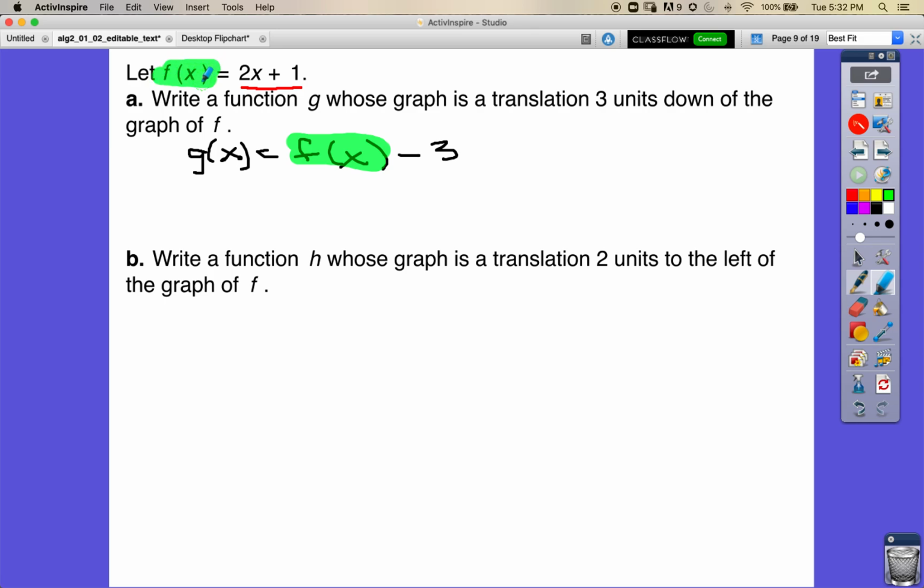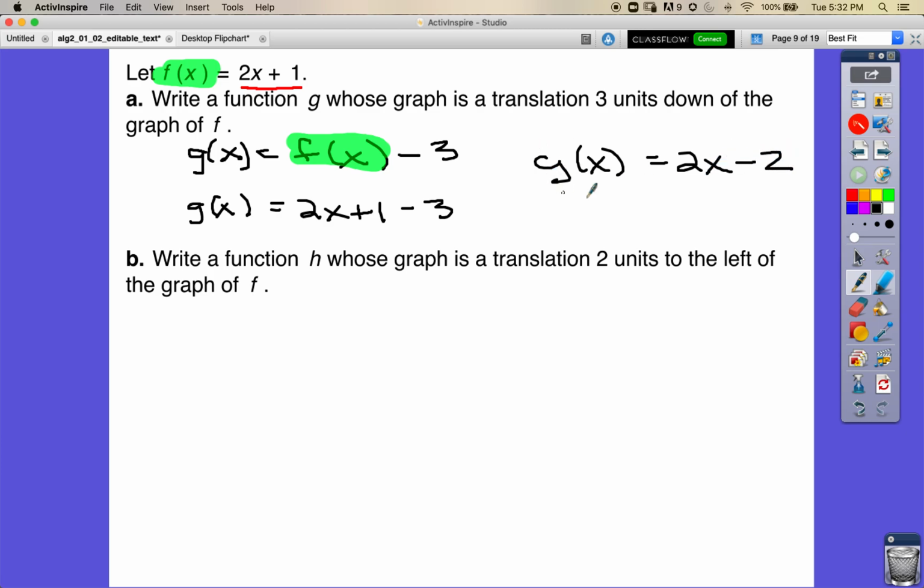So we're just going to substitute now. So g of x equals f of x, which is 2x plus 1, and then you put the minus 3 on the outside, and then you clean it up. g of x equals 2x minus 2. And this is my new function.